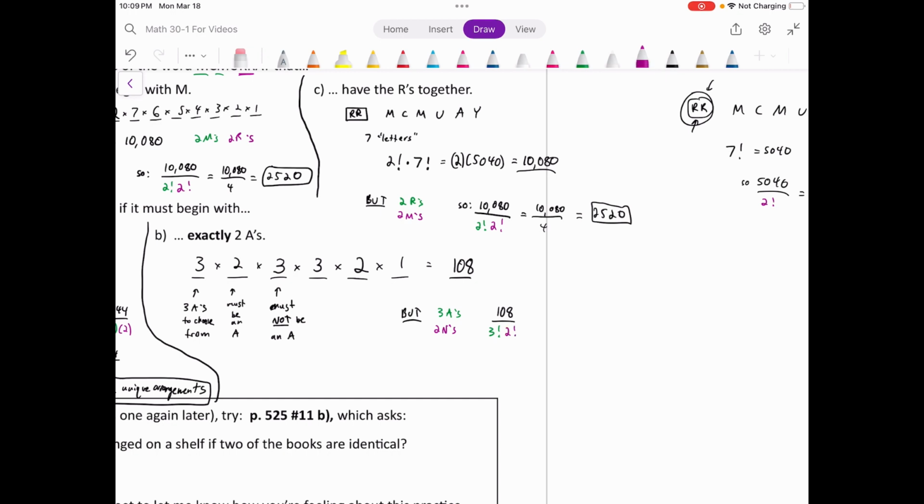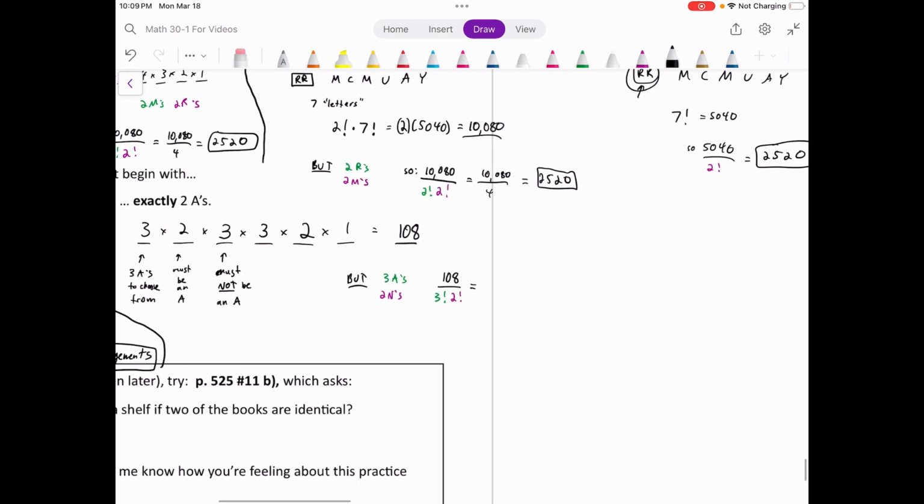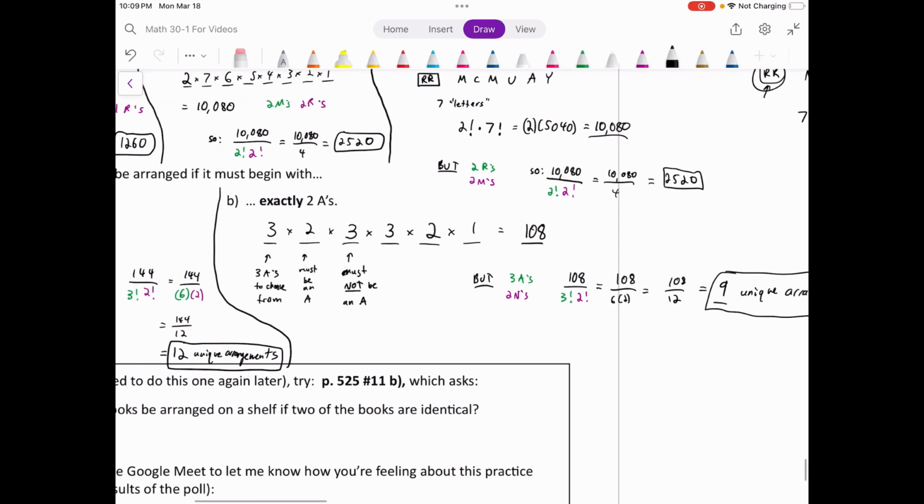That's how many times too many we got from thinking about all the different arrangements where we're really just switching around A's and switching around N's, and we wouldn't actually be able to tell the difference. So that's 108. 3 factorial times 2 factorial is 6 times 2. So 108 over 12, which gives us 9 unique arrangements. So actually not that many, because this has a lot of repeating letters, right? And there are a high percentage of the letters that are actually in the word.